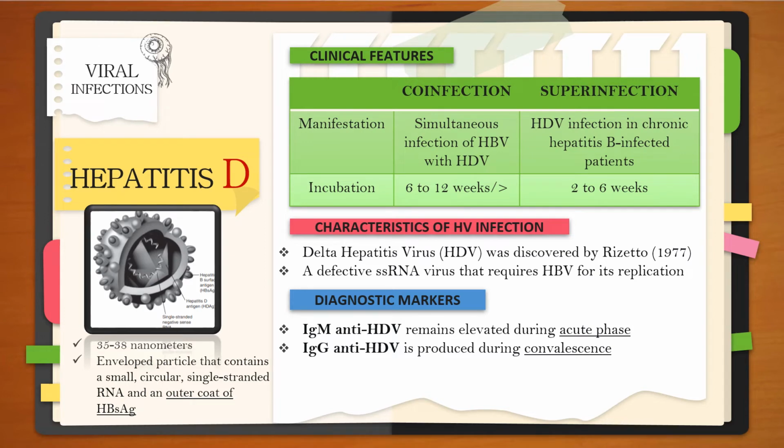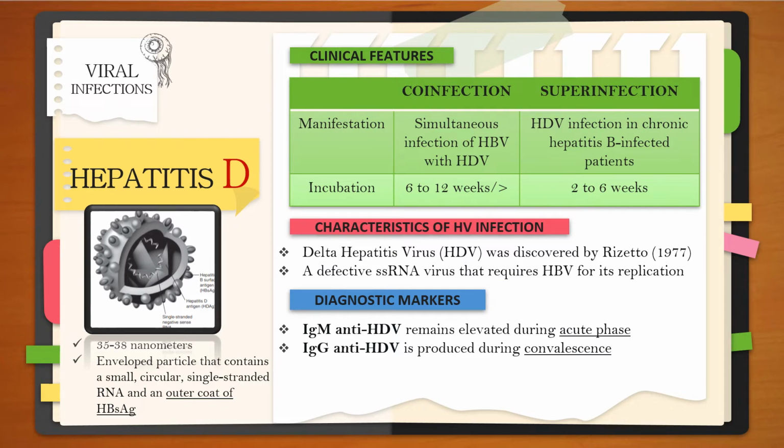So this virus is a 35 to 38 nanometer single-stranded RNA virus which was discovered by Rizzetto in the year 1977. As I have mentioned earlier, this is an enveloped particle with an outer surface coat of the HB subconstituent.